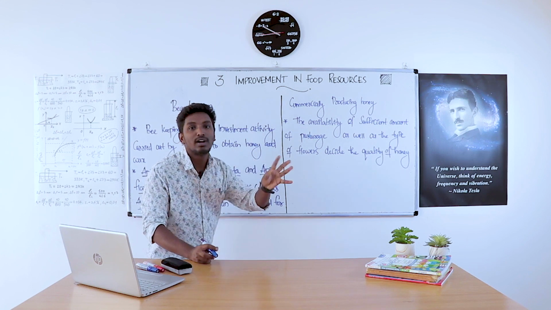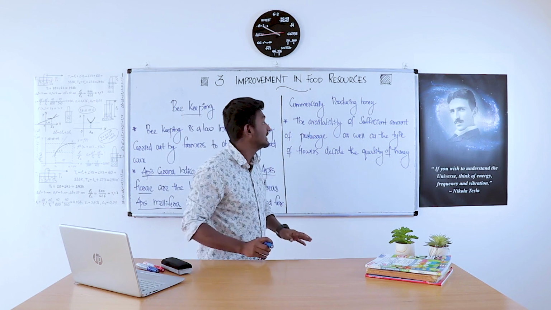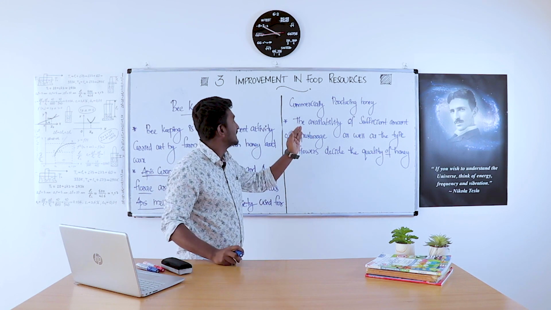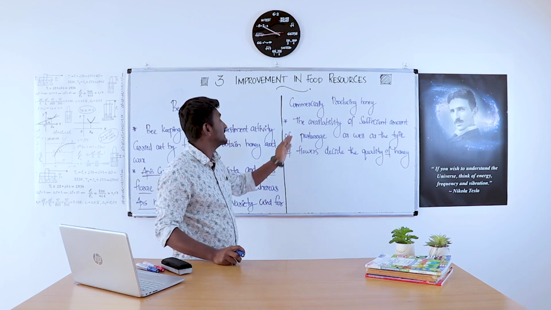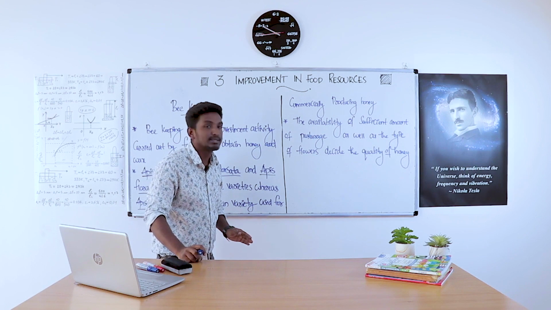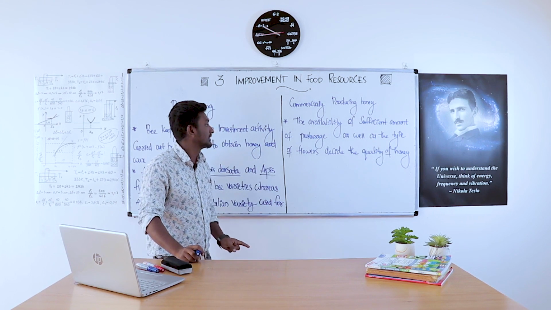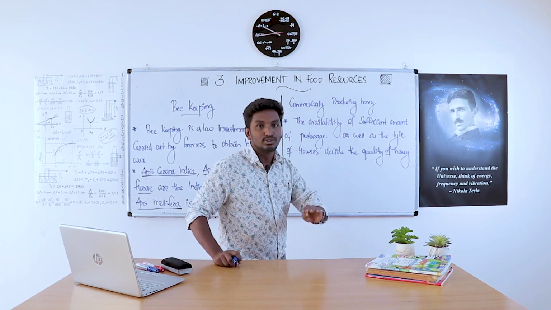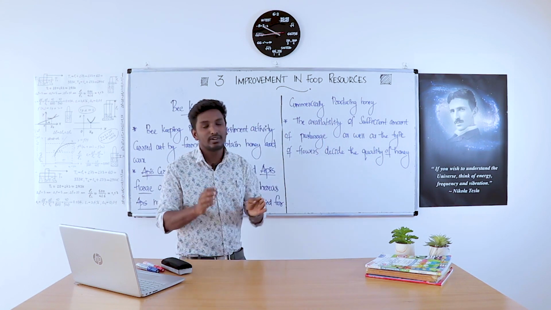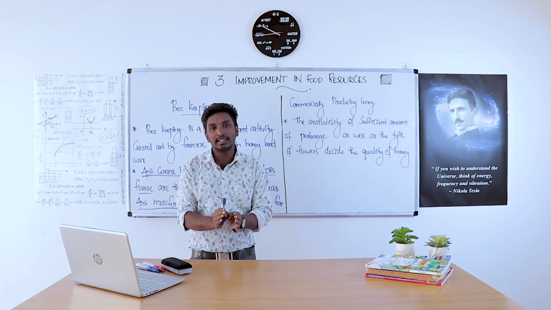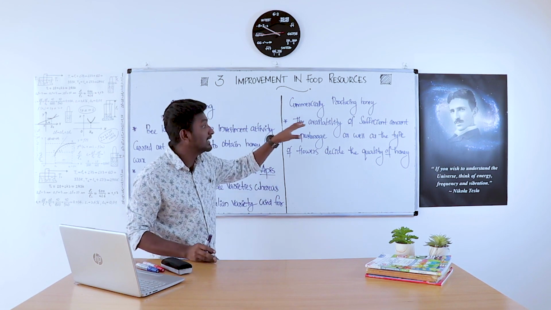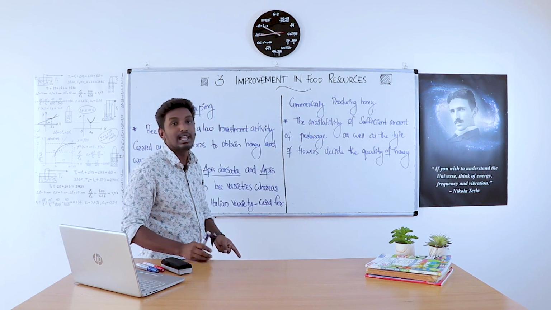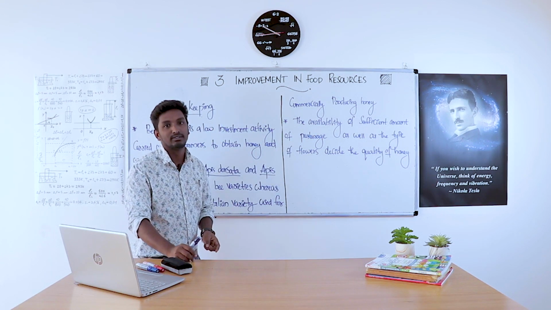So the quality of honey depends on two factors: availability of a sufficient amount of pasturage is the first one, and the type of flowers is the second one.